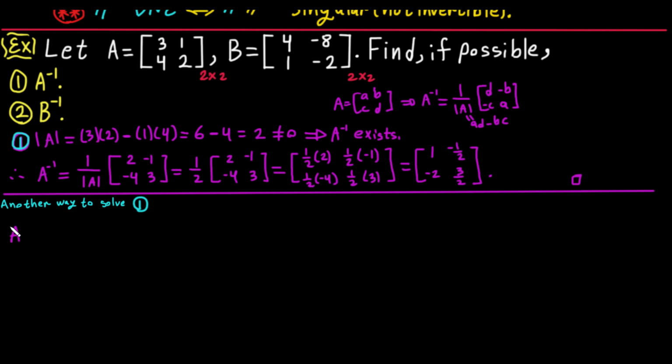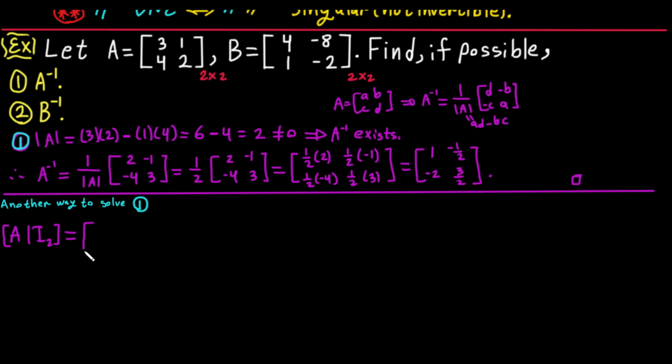So A, and here we have to put the identity, since this is 2 by 2, so it will be here 2 equal. So we have to transform A by elementary row operations, or you have to apply RREF, Reduced Row Echelon Form, to change this A to the identity matrix.